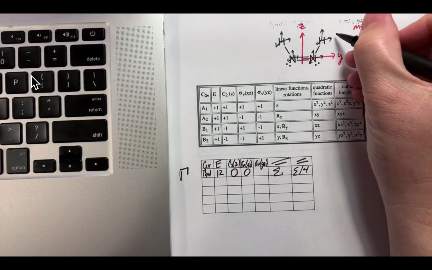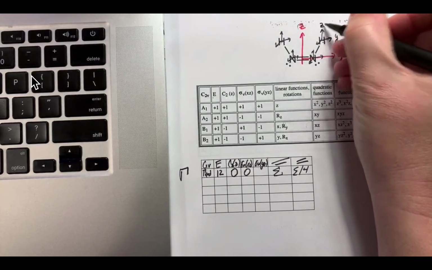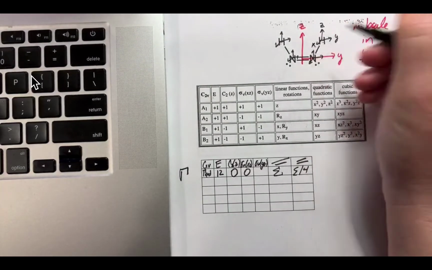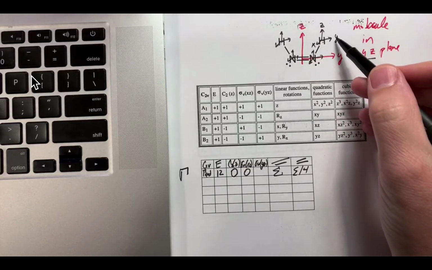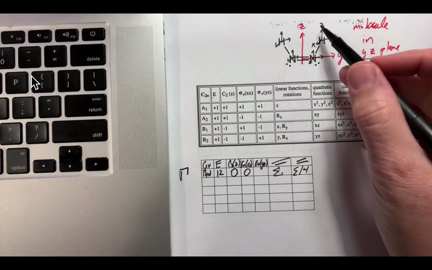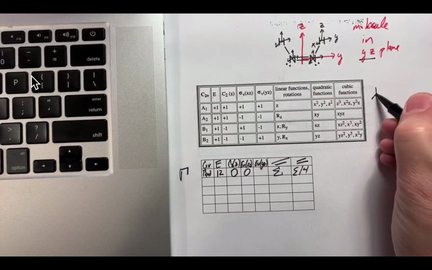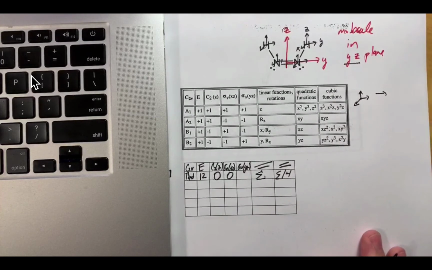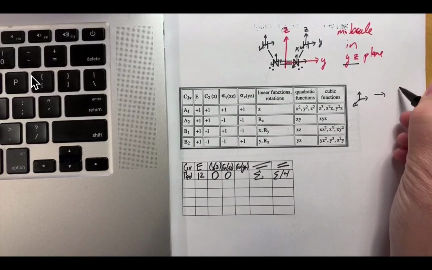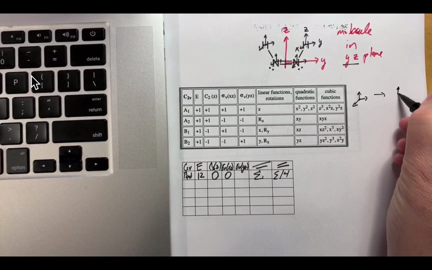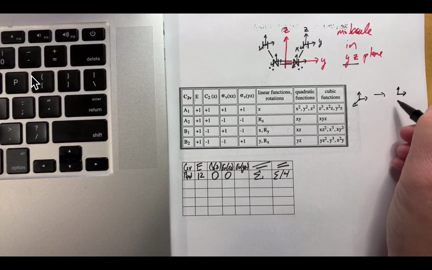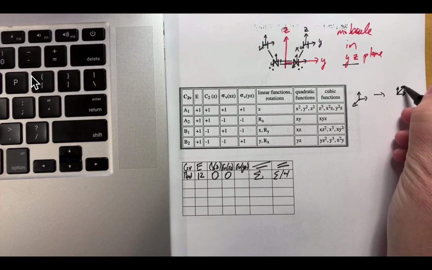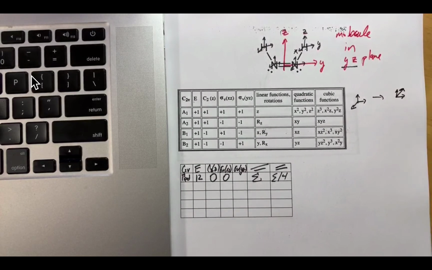Again, if this one is y, this one up here is z, and this one out here is x, if I do a reflection through the yz plane, let's write it down so we have it a little clearer. What's the effect of that? z is left alone, y is left alone, and x goes into minus x.